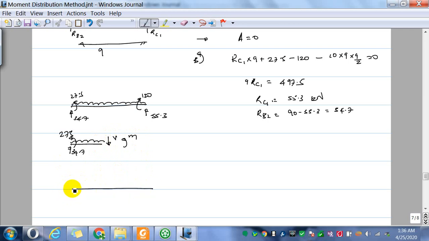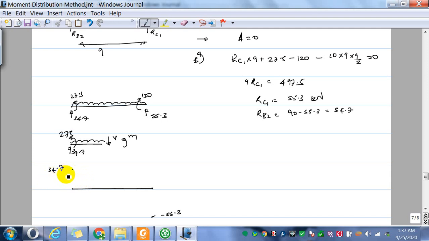So you'll get a shear force of 34.7 here, and here it is minus 55.3. The shear force is changing because the first derivative of the shear force is the negative of the load.